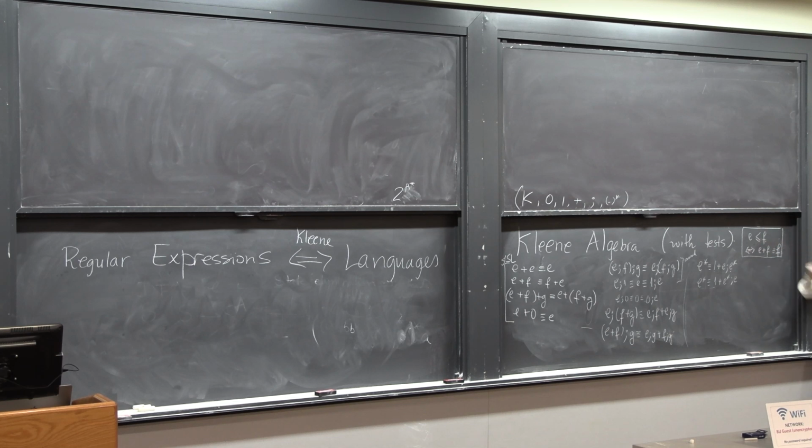This is a partial order. It's a complete partial order. And I'm going to now write down how I can actually compute a star.